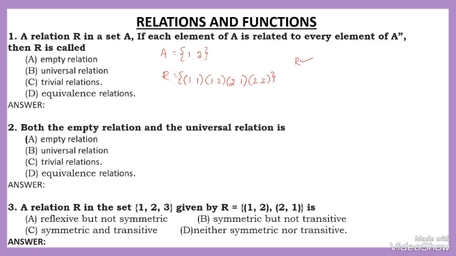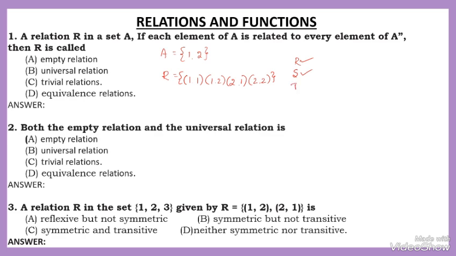Similarly, I have considered the elements (1, 2) and (2, 1). 1 is related to 2, 2 is related to 1. Here, for this one also, it obeys. 2 is related to 1, 1 is again related to 2. Hence, the symmetric property obeys.